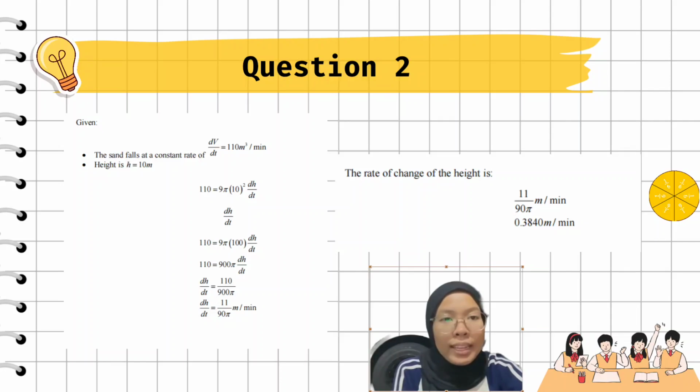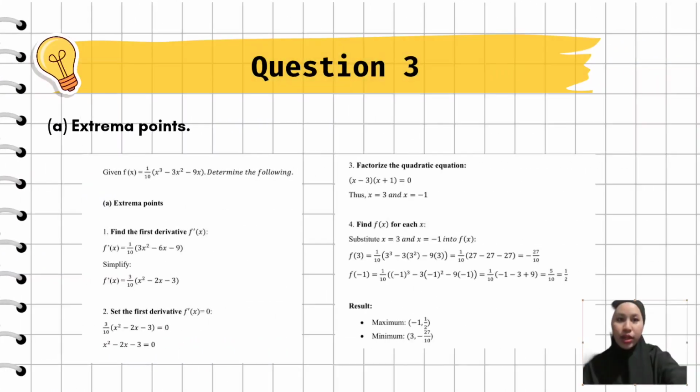The answer for the rate of change of the height of the cone is 11 per 90 pi meters per minute, or 0.3840 meters per minute.